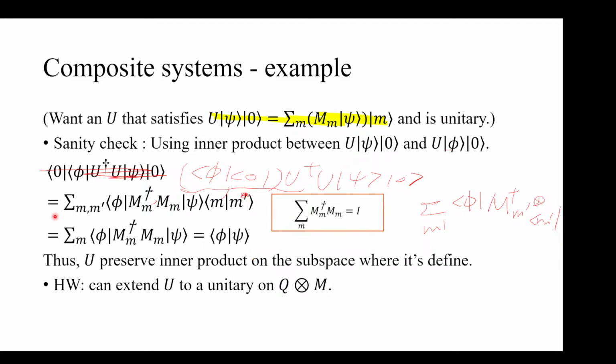Because m prime must equal m for this to be non-zero, and then the inner product is equal to 1. So we just change every m prime to m and get rid of the summation over m prime. And finally, those are measurement operators, so we can move the summation over m inside and use that the sum equals the identity. And so this is just the inner product between phi and psi.